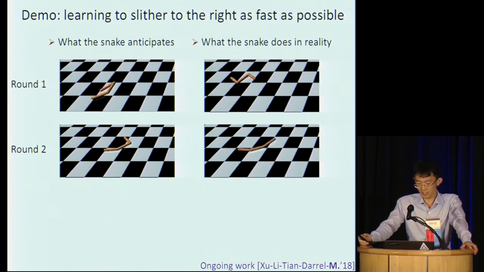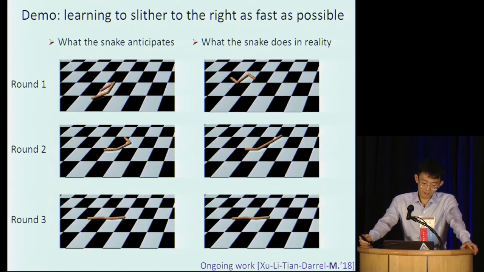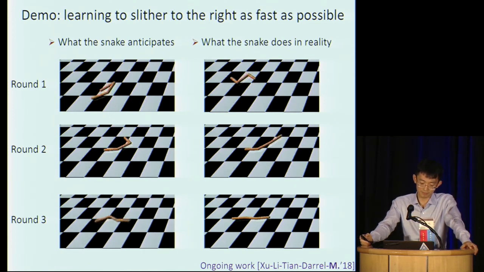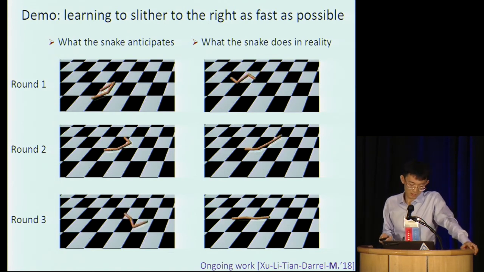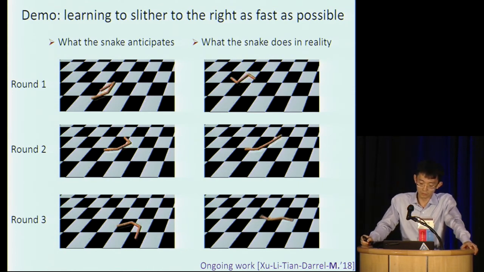And this is what it really does in reality. It works a little bit at the beginning, and then it stops working. And in the third round, after further improving the strategy and the model of the world, the snake is doing much better, even in anticipation. And in reality, it also does much better, as you can see. It starts to know how to move forward.